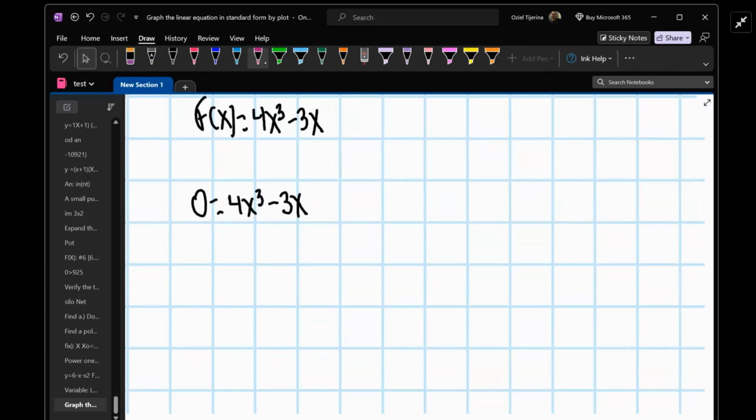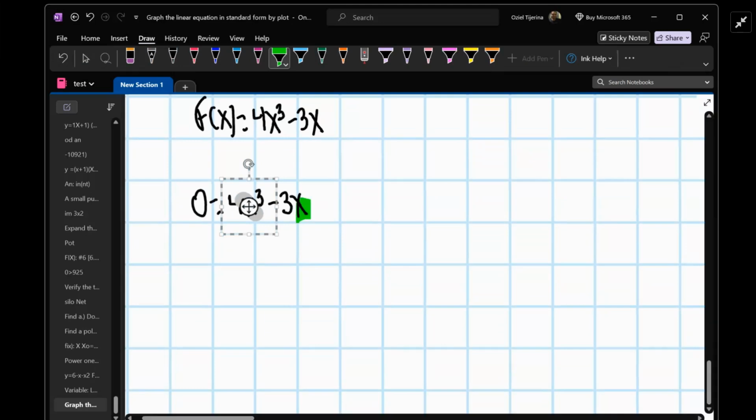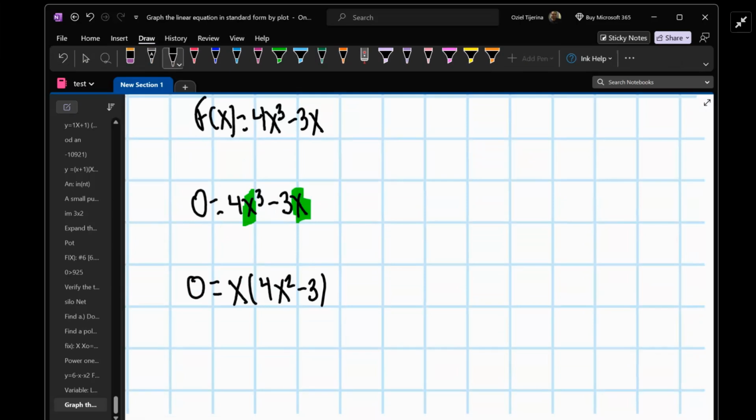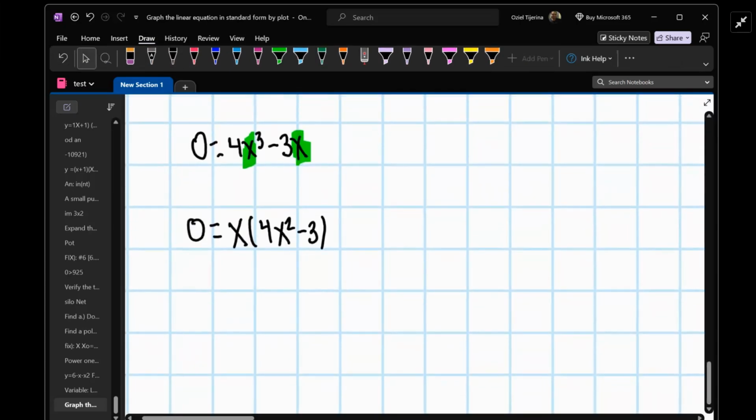We can factor out an x here. So we're gonna end up with 0 equals x times 4x squared minus 3, right? And you can always check it by the distributive property to make sure that you factored it correctly.